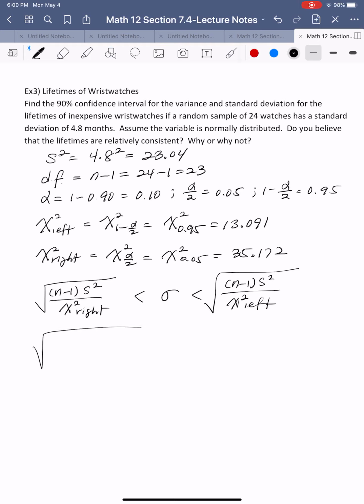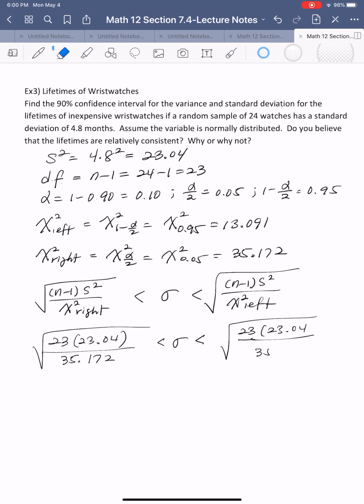Plug in the numbers: 23 times 23.04 over 35.172, and then 23 times 23.04 over chi square left, 13.091.